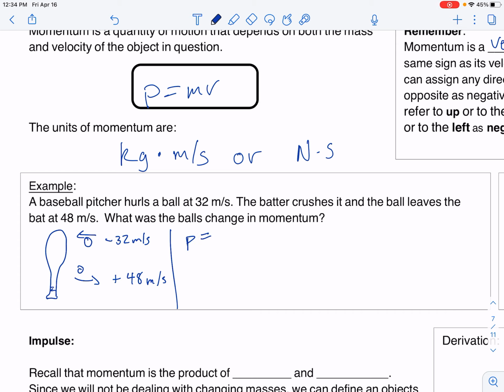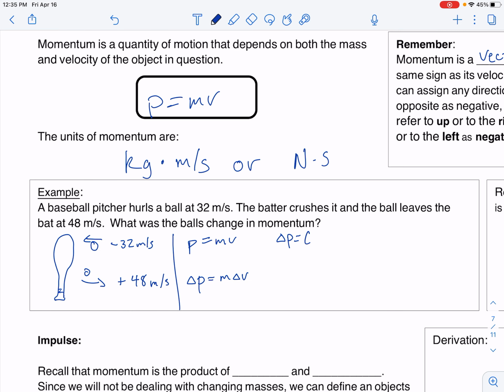Here we have our formula. Momentum equals mass times velocity. And we know that there's a change in momentum. And the change is not with the mass. The mass is constant. We see the change with velocity. So we want to be able to define this. We know our mass is 0.1.